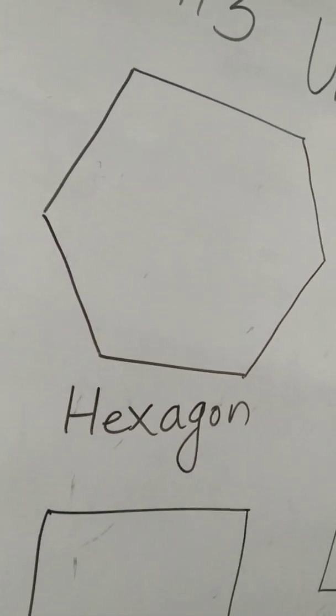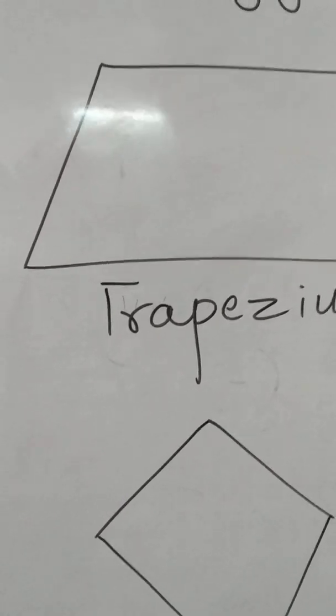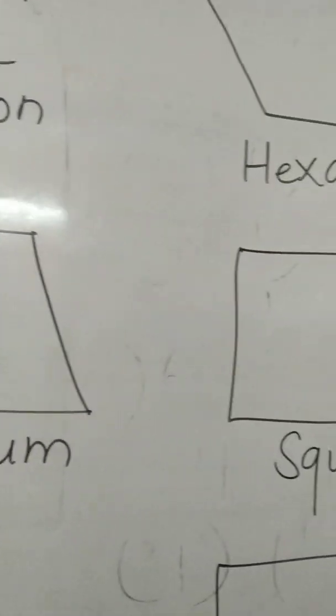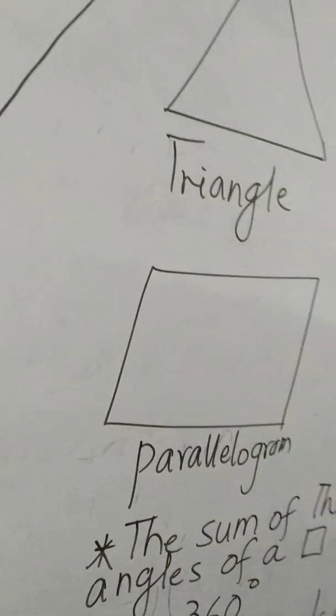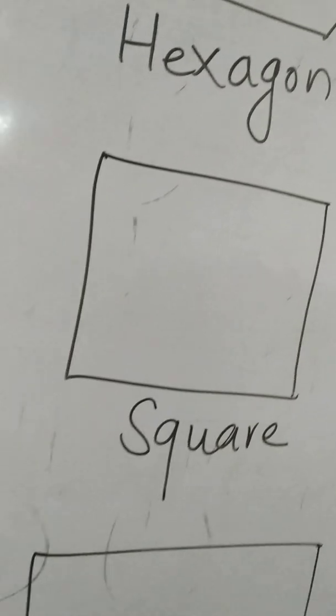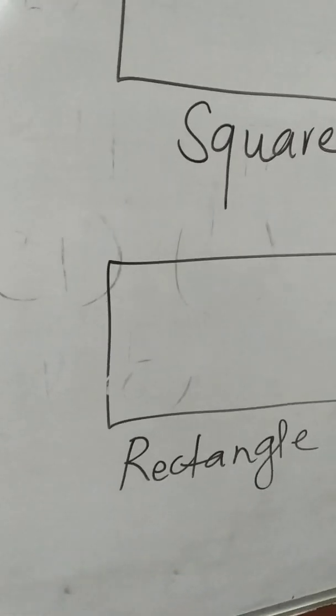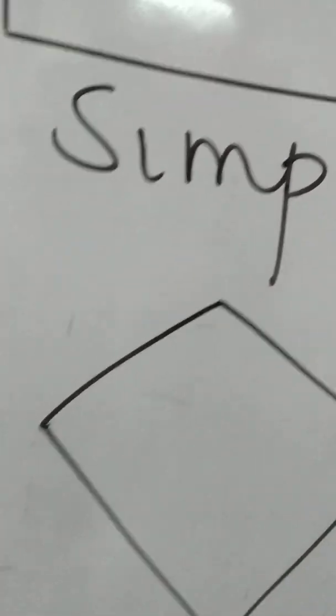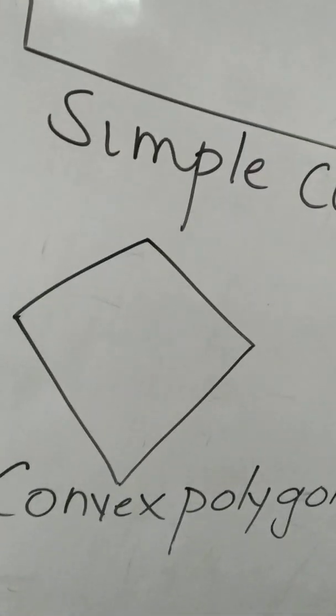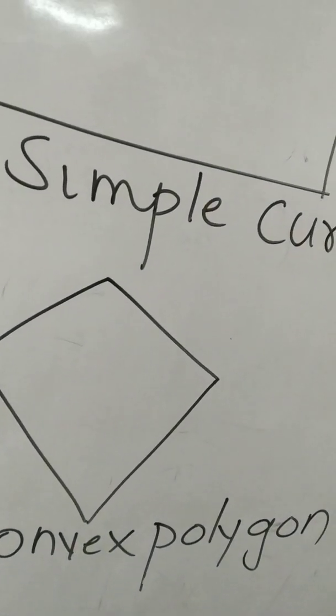So the various types of quadrilaterals are trapezium, then we have kite, parallelogram, rhombus, square and rectangle. A convex polygon has no portion of its diagonals in its exterior.